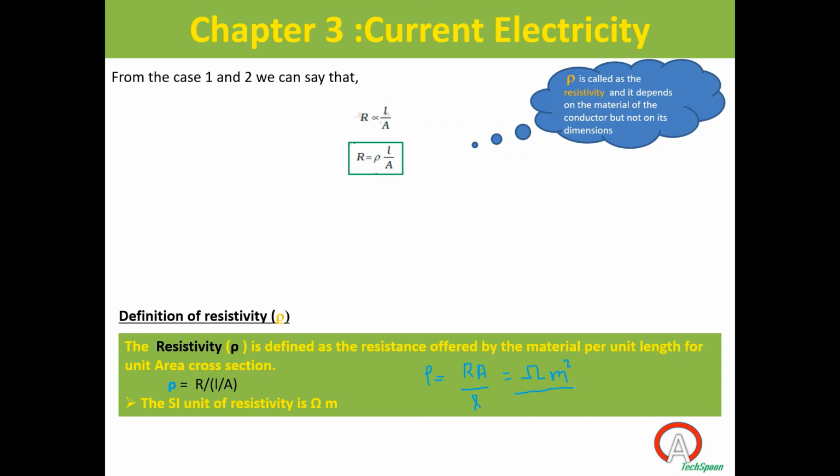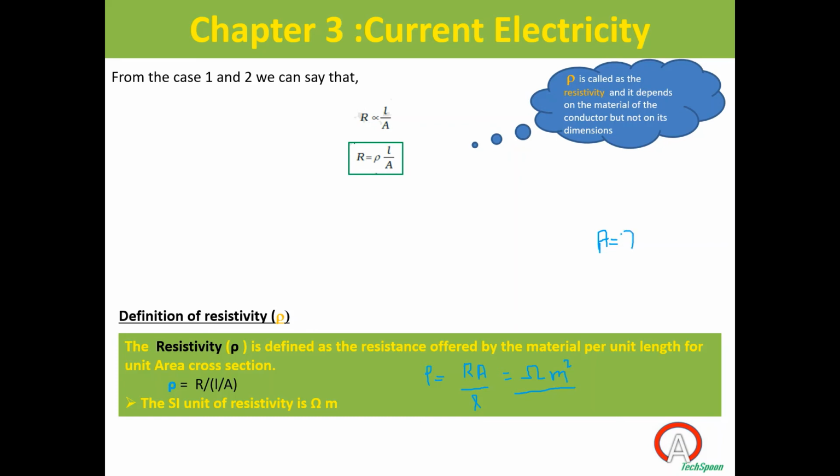What is the unit of area of cross section, Abhijit? Are you there or not? What is area of cross section?